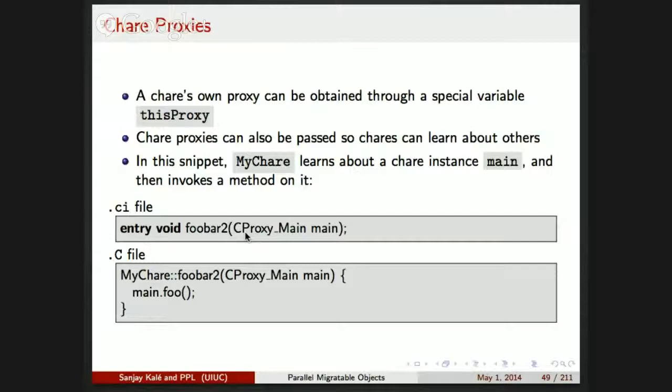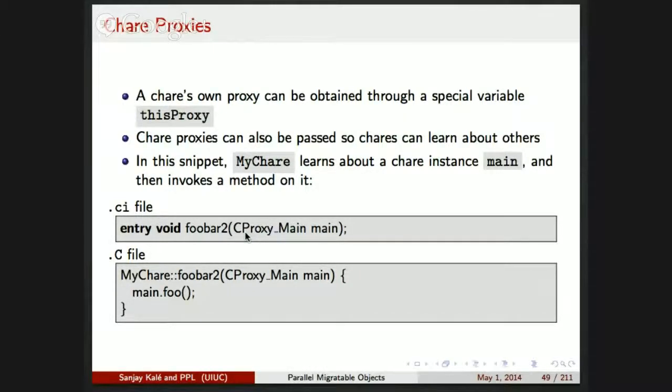And in this snippet here, we have an entry method foobar2 that takes in a proxy to a main chare called main. And then in the C file here we have the definition of this entry method. We pass in our main, and then to invoke a method on a proxy, we just do main dot and then whatever method we want to invoke.